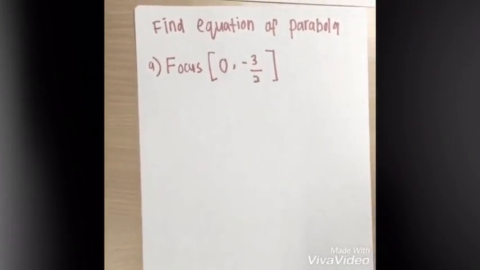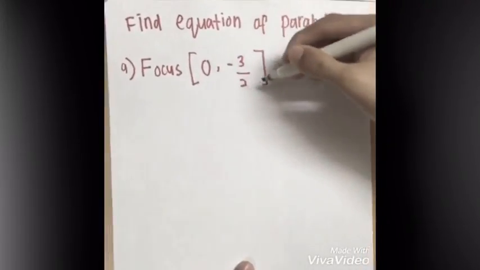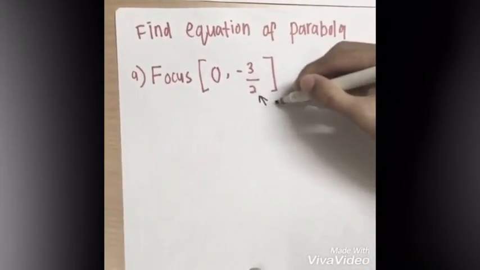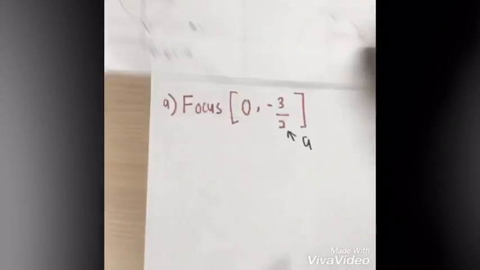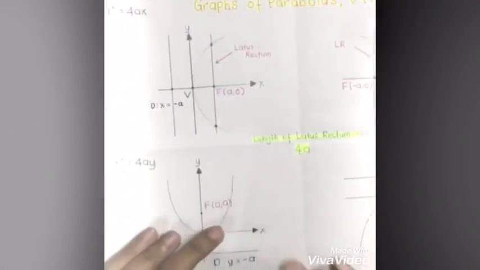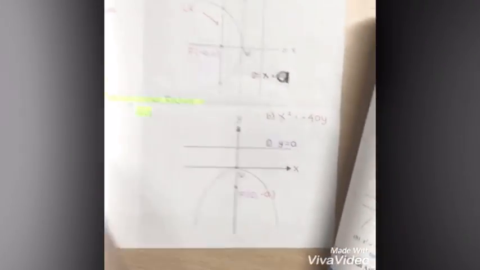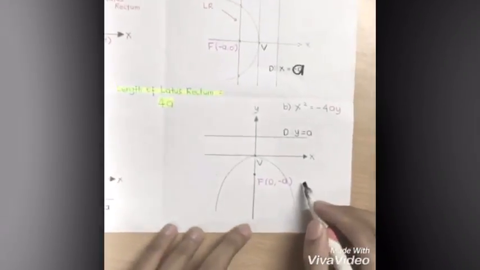For question A, the focus is given as 0 and negative 3 over 2. We know this is equal to a. From this, we need to find which graph has the focus 0, negative a. Between these four, this one is correct.